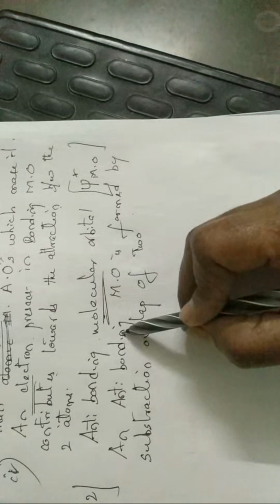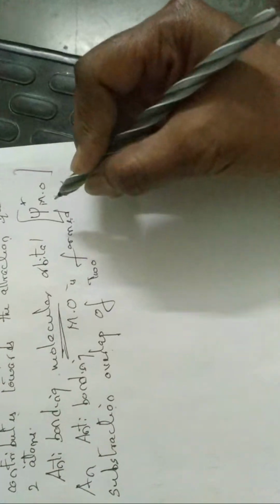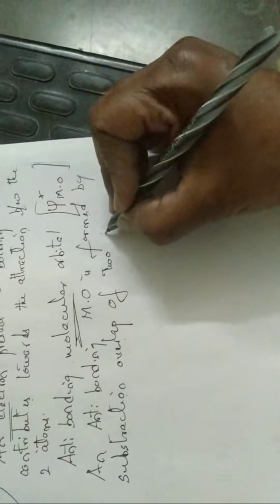It means an anti-bonding molecular orbital is formed by subtraction overlap of 2 atomic orbitals.